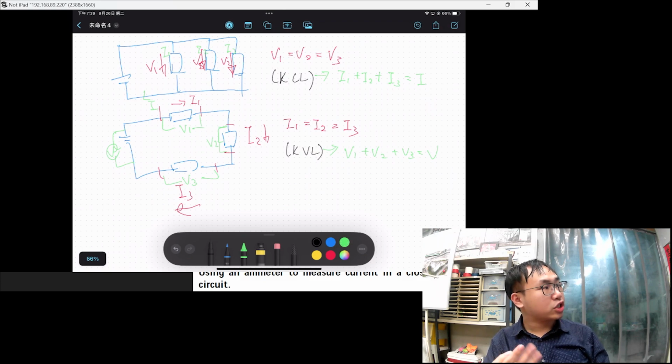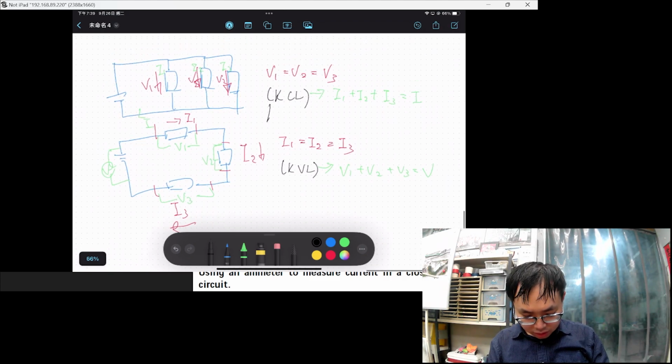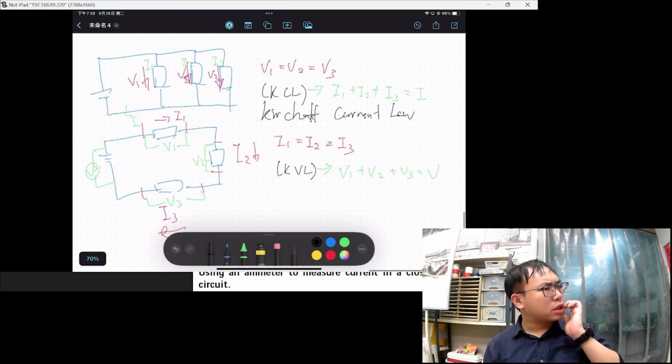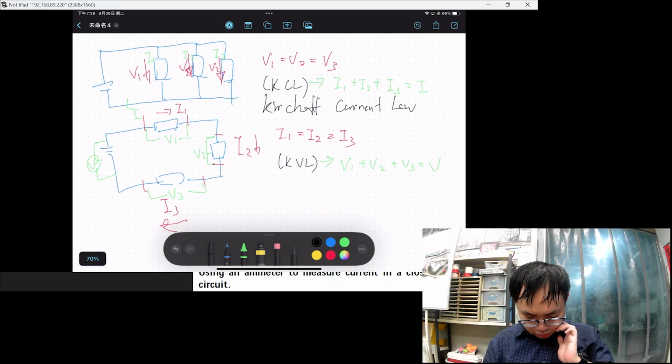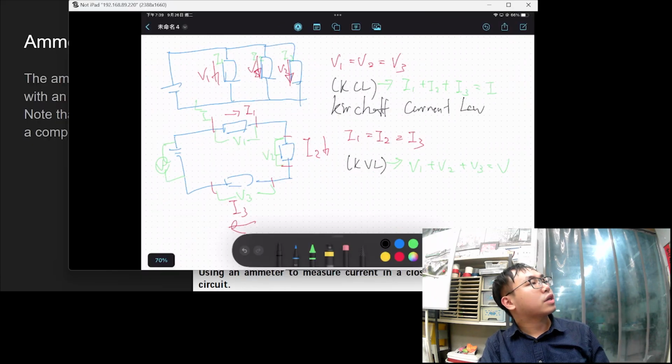If you can memorize it, just memorize it. If you can't, just forget it. Just remember the fact. I guess I mentioned it in lesson 3 or lesson 4, so see if you can remember it.